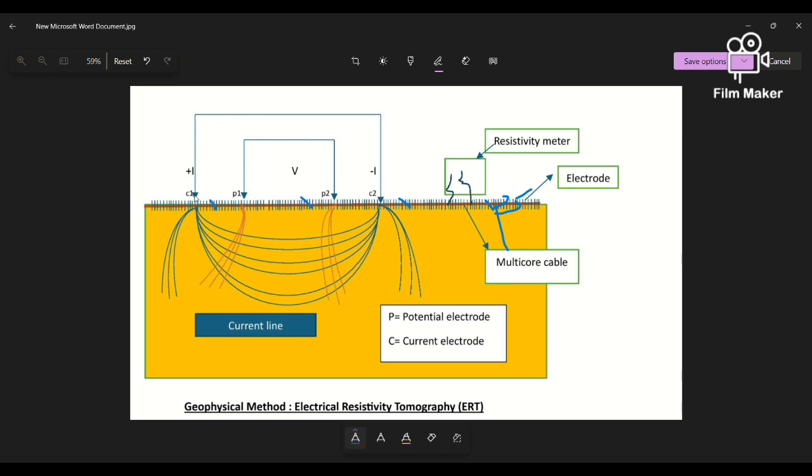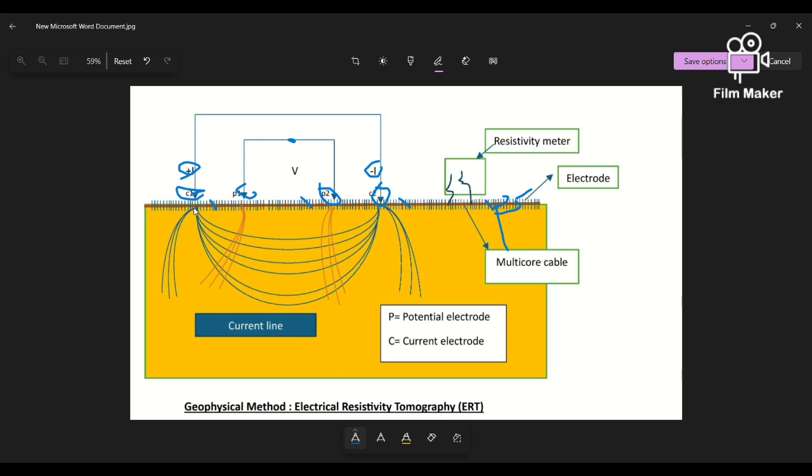Two electrodes are connected to flow the current, and two electrodes are connected with the voltmeter to measure the voltage. There is positive current and negative current.